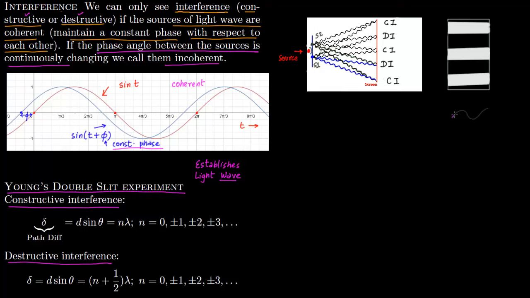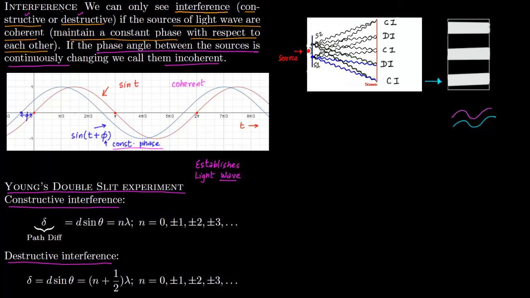I will draw this again. From slit 2, the wave is coming in this direction, and from slit 1, the wave is coming in this direction. So we can add these two waves up. These two waves will add up and there will be constructive interference, that is, you have a white spot corresponding to the two light waves, because these two light waves add up from both the slits.